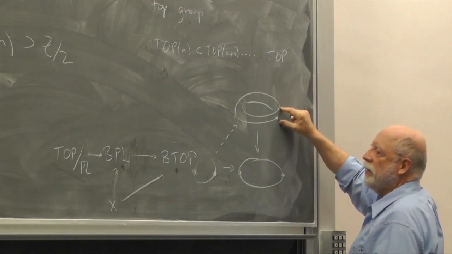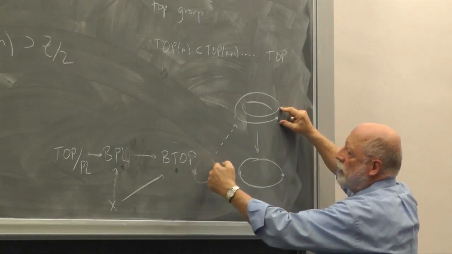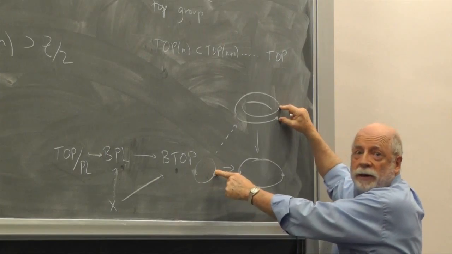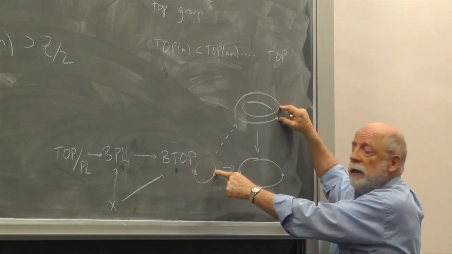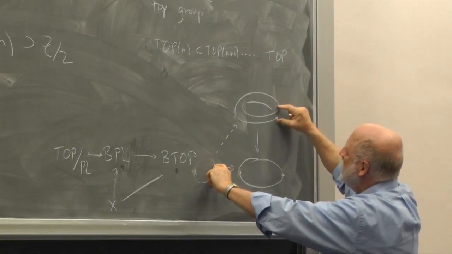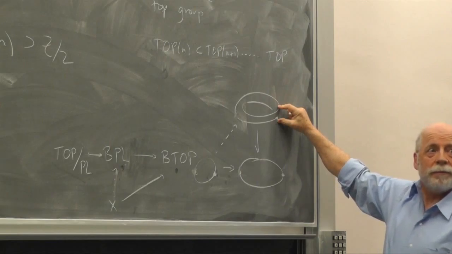And the obstruction here lies in that you can't extend over this one cell because there's some zeroth homotopy of the fiber. And so you've got a one cell, and the two endpoints end up differing in pi naught of the fiber.